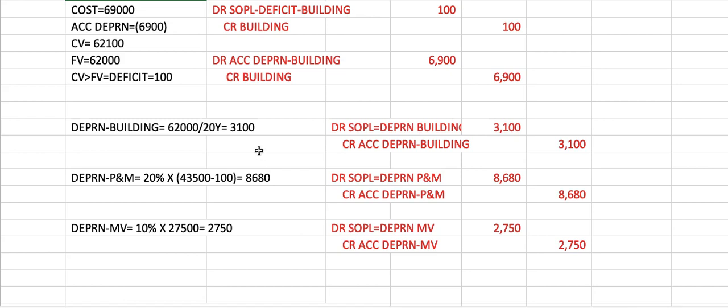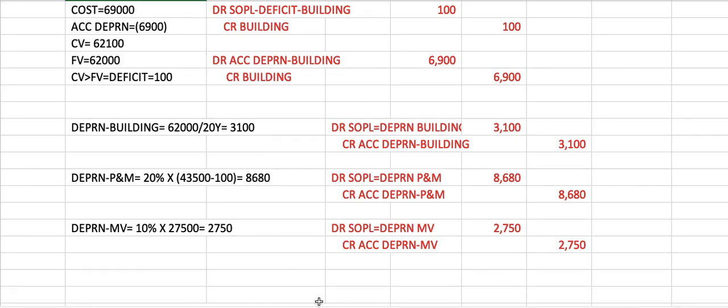So the amount for building depreciation is 3,100. For the plant and machinery, 8,680. And for the motor vehicle is 2,750. So these are all figures that we took from here.